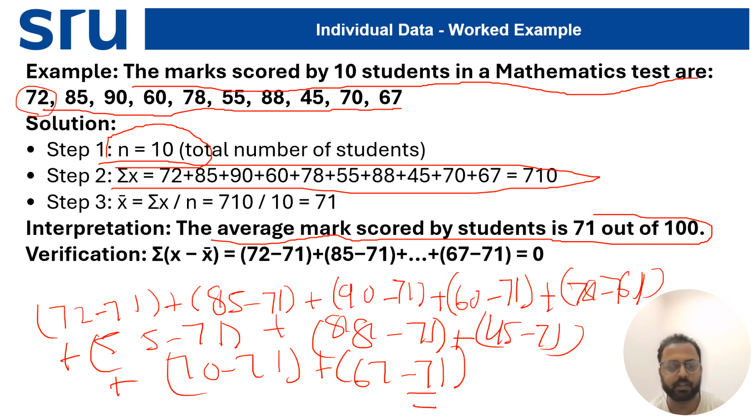If we simplify, 72 minus 71 is 1, and 85 minus 71 is 14, and so on. If we simplify, we get 0. So the sum of all deviations is 0.